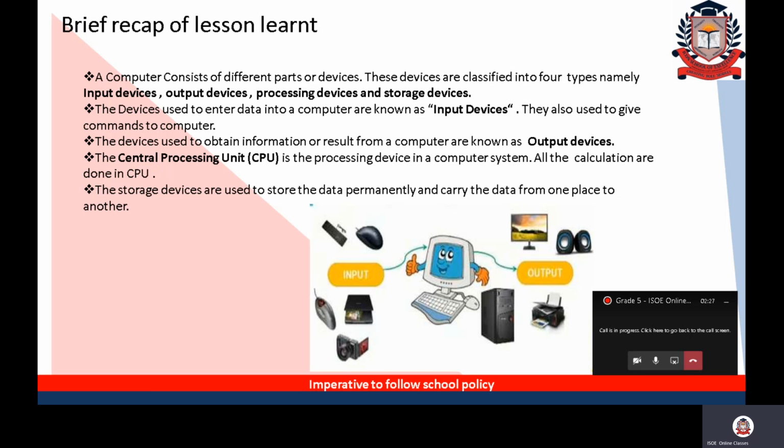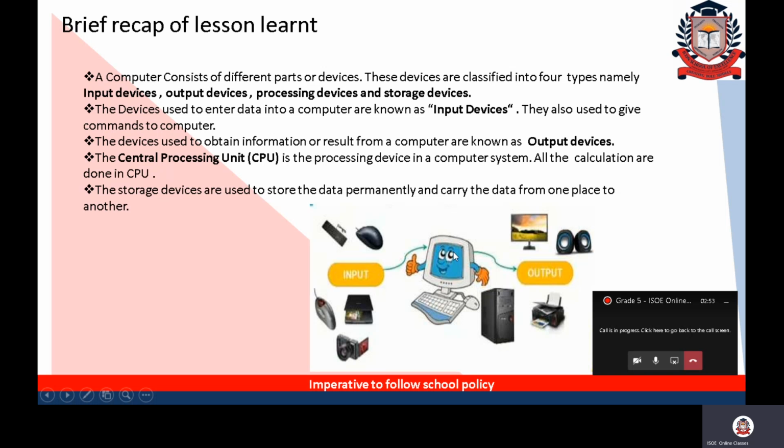The devices used to obtain information or results from a computer are known as output devices. What are the examples for output devices? Printer, monitor, speaker, all these are output devices. The central processing unit, which is the CPU, is a processing device in a computer system.